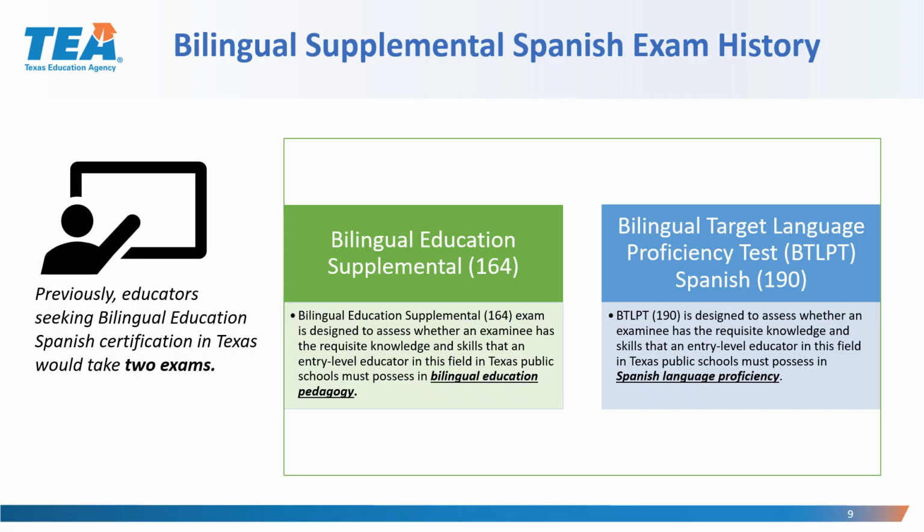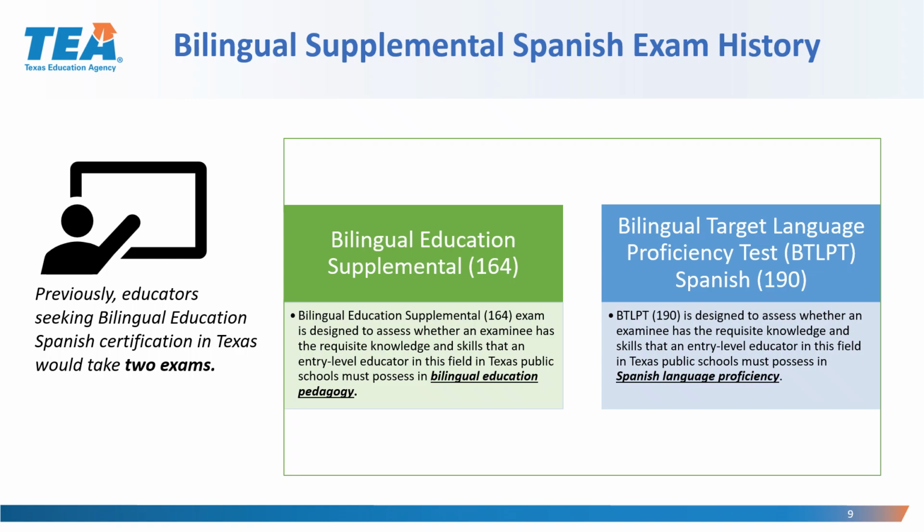Previously, candidates seeking bilingual certification would take two key exams, the 164 Bilingual Education Supplemental and the 190 Bilingual Target Language Proficiency Test, or what we call BTLPT. These exams would ask candidates to demonstrate their proficiency in bilingual pedagogy and Spanish proficiency.